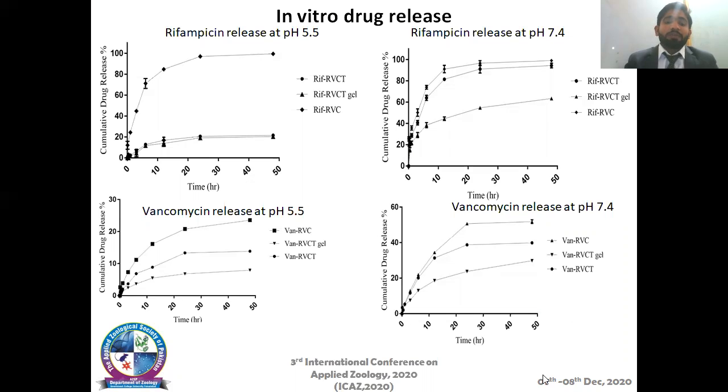The only difference between vancomycin and rifampicin drug release, which can be clearly seen, is the abrupt release. There is no abrupt release in the vancomycin graph as compared to rifampicin, because, as I told earlier, vancomycin is loaded in the inner core and it is not present in the outer layer. Therefore, there is no abrupt release of the drug. And we can see the sustained release behavior of our final formulation.